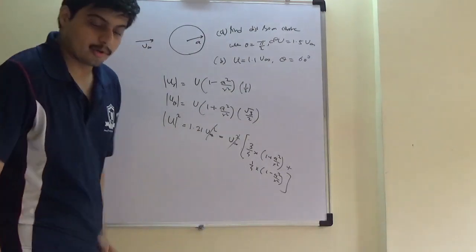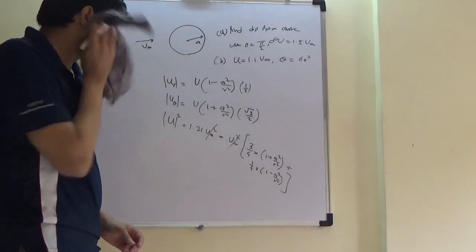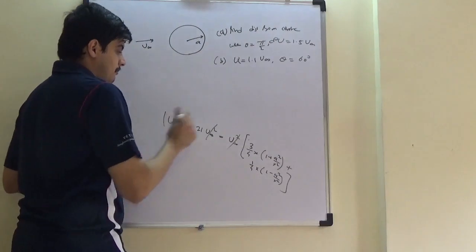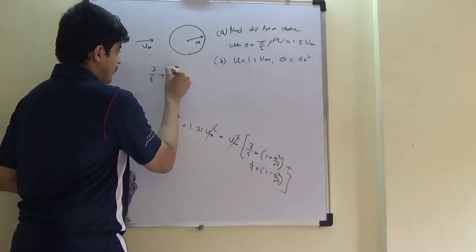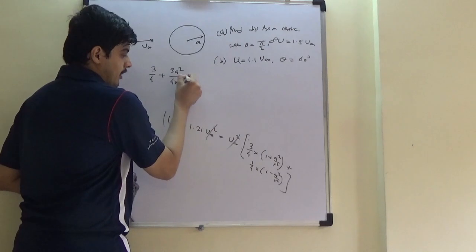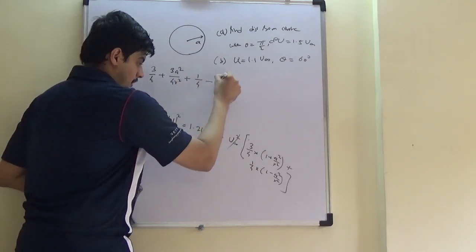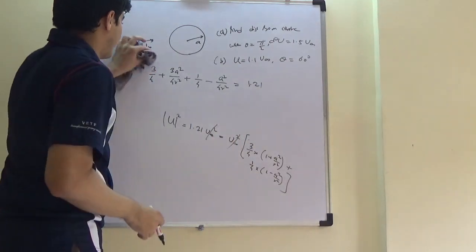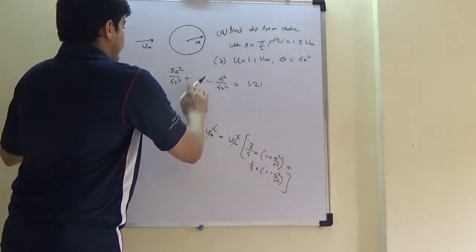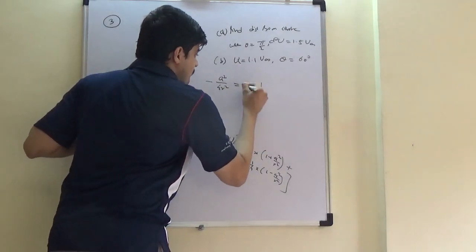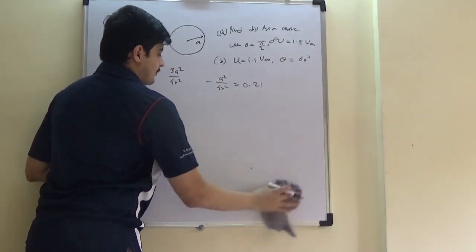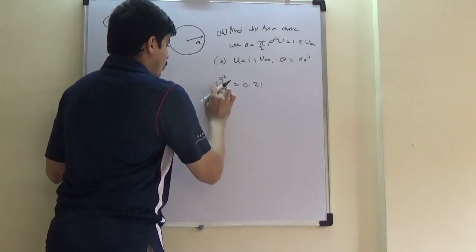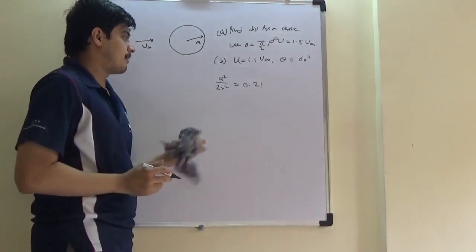It has to be independent of u infinity, that we know for sure, which means now I can get rid of this, and the equation I am left to solve is 3 by 4 plus 3a square upon 4r square plus 1 by 4 minus a square upon 4r square is 1.21. 3 by 4 plus 1 by 4 is 1. That goes out here and this becomes 0.21. Right? 3 minus 1 is 2. 2 by 4, so simplified equation.